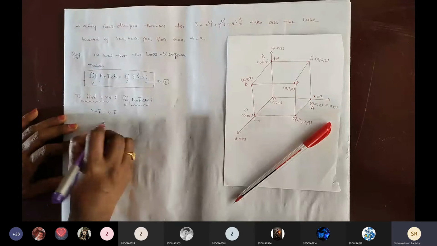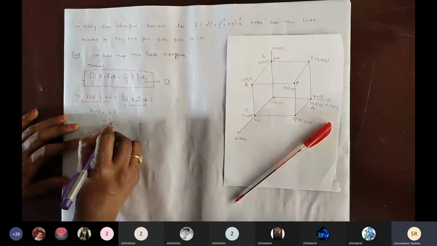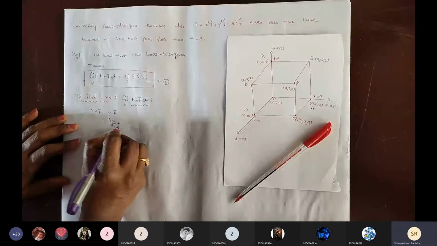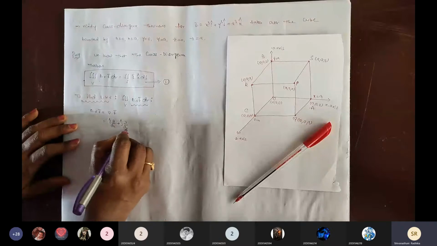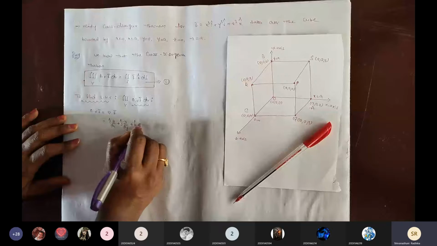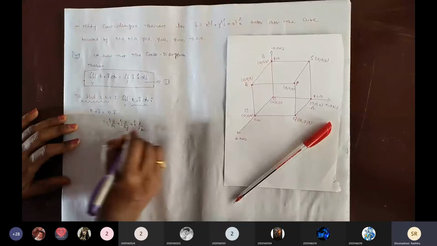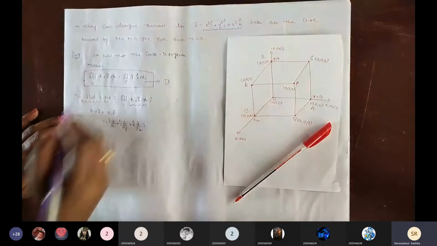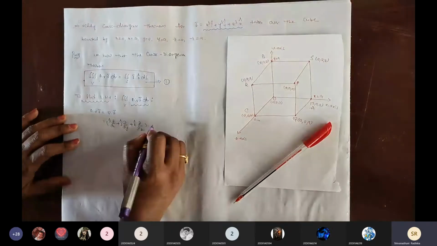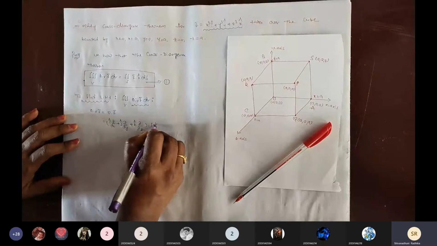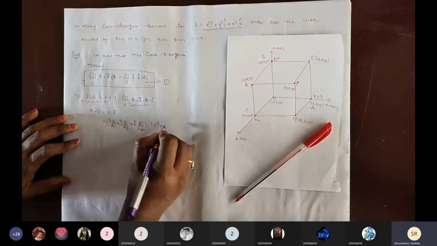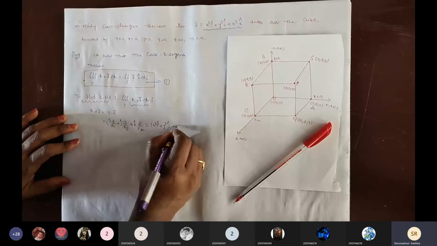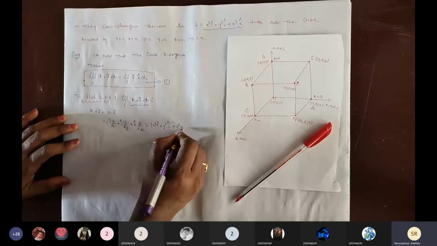So del dot F bar means (i cap del by del x plus j cap del by del y plus k cap del by del z) dot F bar. See, this is the given vector point function, that is x cube i cap plus y cube j cap plus z cube k cap.